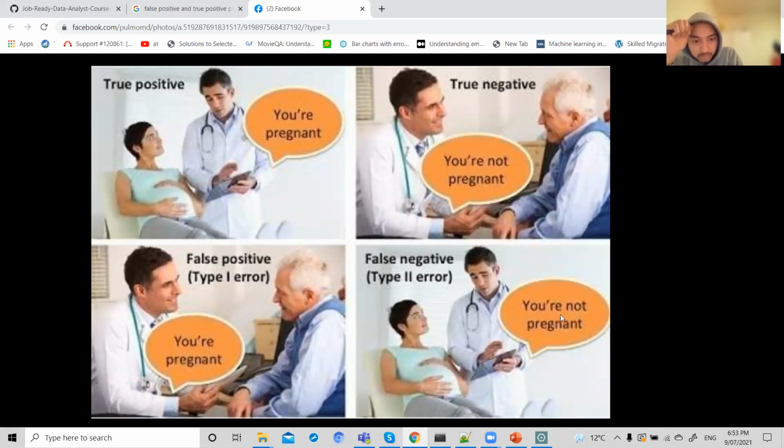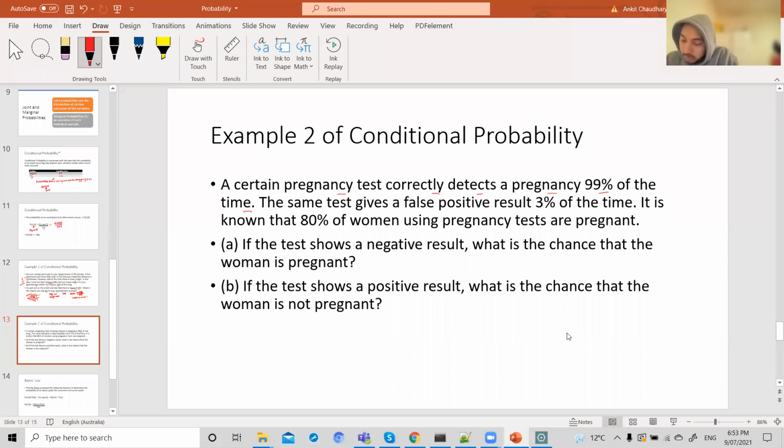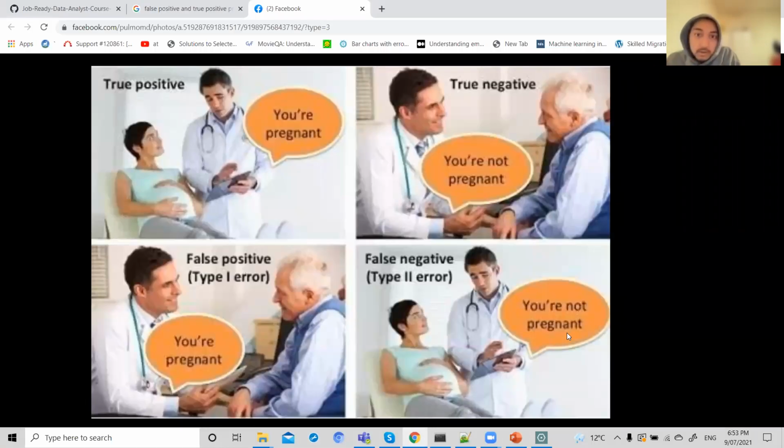She is pregnant, but the doctor says she is not pregnant. And true negative means not pregnant at all.